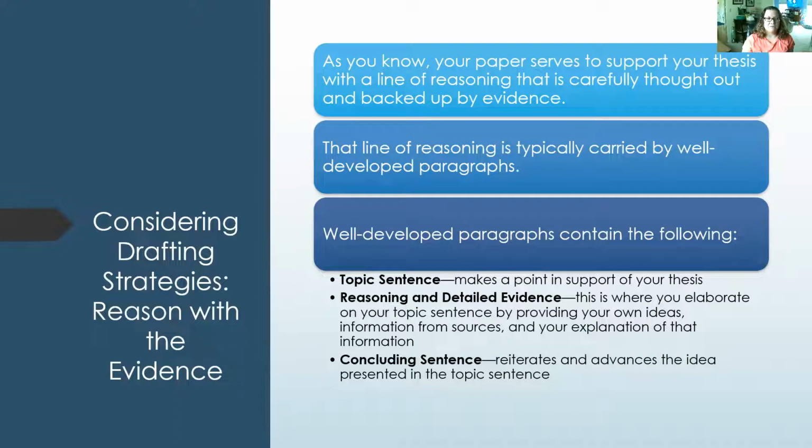So make sure that you're doing that in well-developed paragraphs. Make sure that each paragraph has a topic sentence, that you are reasoning with the evidence, and that each paragraph has a concluding sentence. Don't forget the basics of essay writing. Transitional topic sentences. Each paragraph should have focus. Each paragraph should have specific and adequate support.